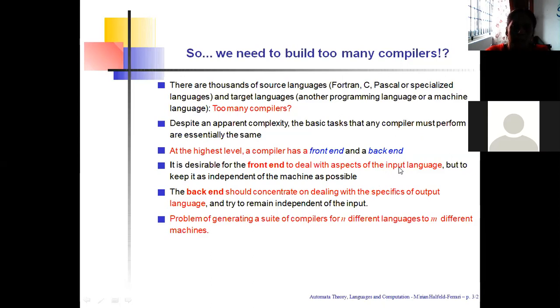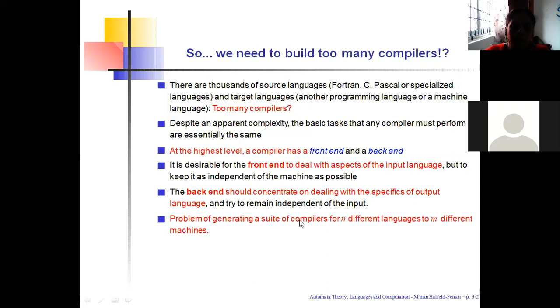That is, it may be a C or a Pascal language or C++ language, whatever it may be. If that is going to be considered, that will be taken care of by the front end of the compiler. And back end, which will take care of the machine code. That is, after translation, the source language, which may be in any language, will be converted into one output language, that is machine language, that will be taken care of by the back end of the compiler.